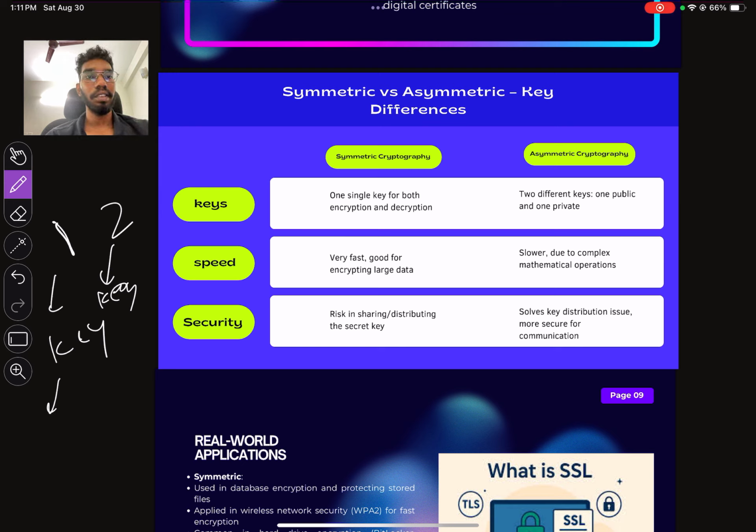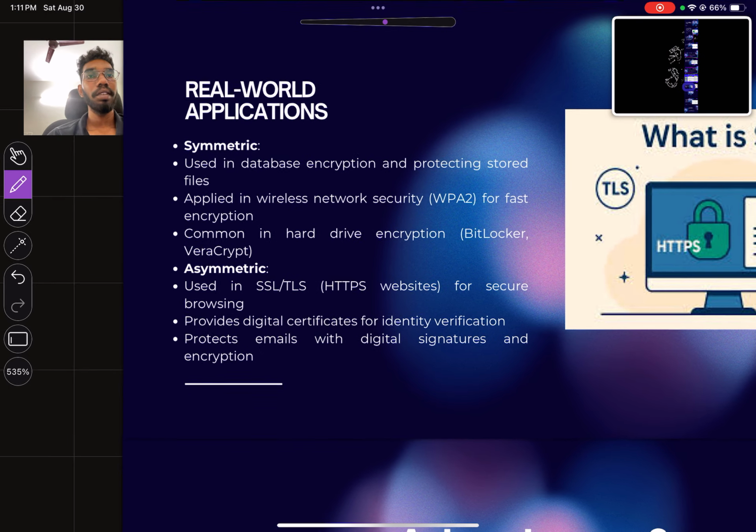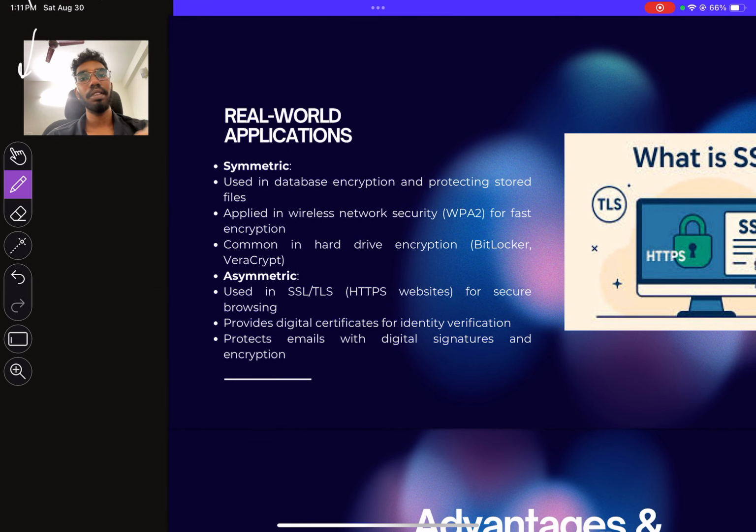Security: symmetric has a risk in sharing and distributing the secret key, and asymmetric solves this problem. It ensures more security, but it's slower compared to symmetric cryptography. We usually don't use them separately; we use both symmetric and asymmetric cryptography techniques to ensure more security.